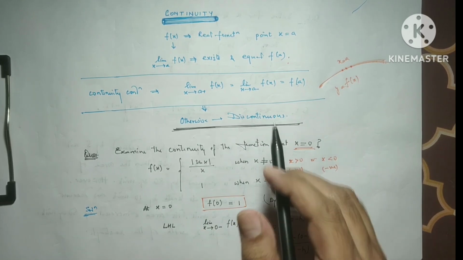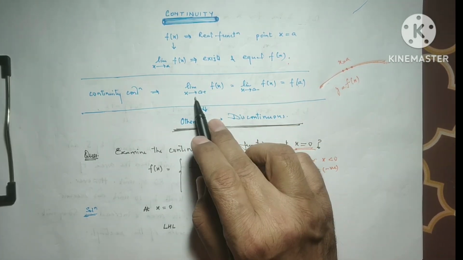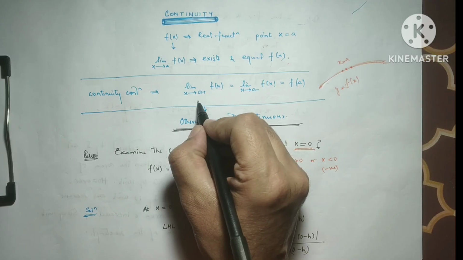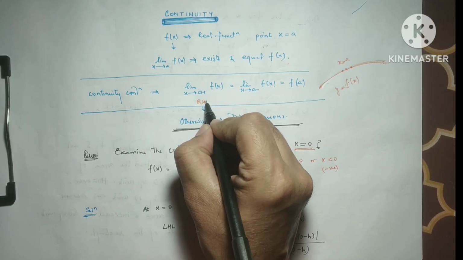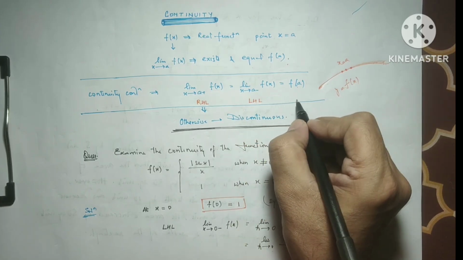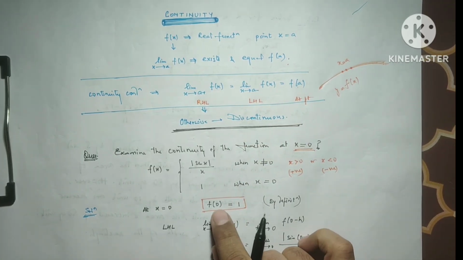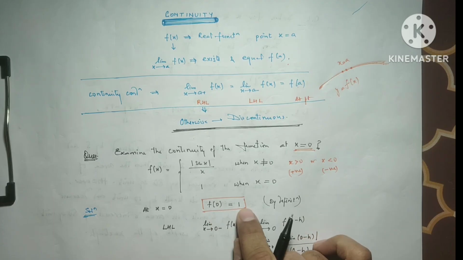Right now we have to collect these two values, right hand limit and left hand limit. So this is the right hand limit of the function, this is the left hand limit of the function, and this is the value at the point. So right now we have the value of the function at the point is 1.